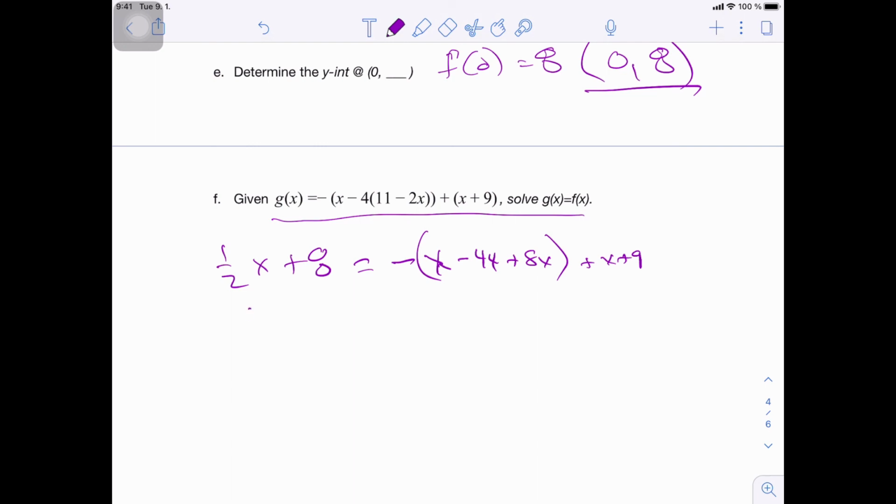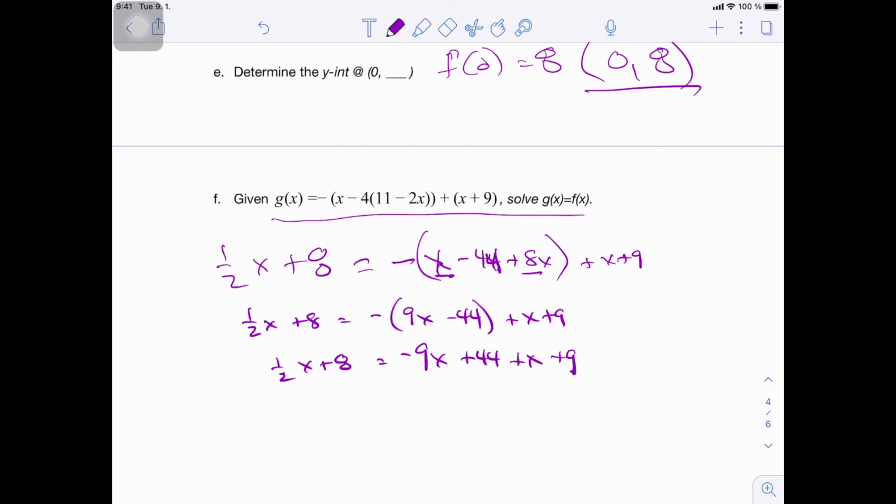And so now, if I keep on simplifying, I'm going to keep simplifying.